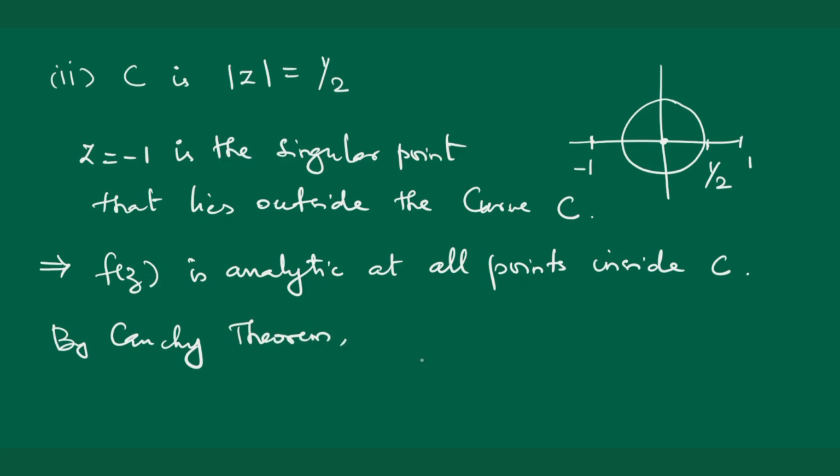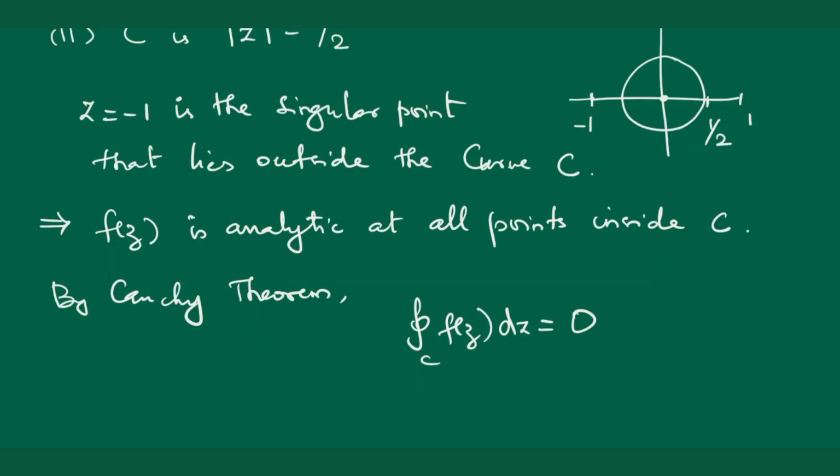Using Cauchy theorem, what it states is simply that the integral of f of z dz is equal to 0. Here the question is the integral over C of e to the power minus z dz by z plus 1. In this case altogether it is considered as f of z because here z equal to minus 1 is not a singular point inside. So this is equal to 0.